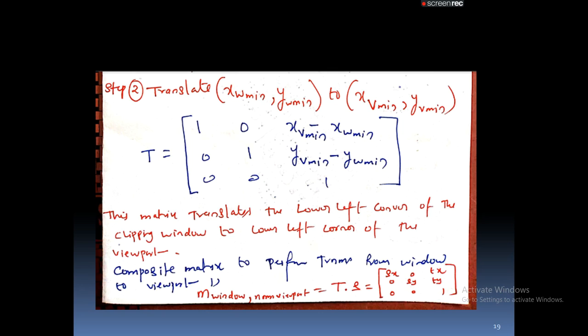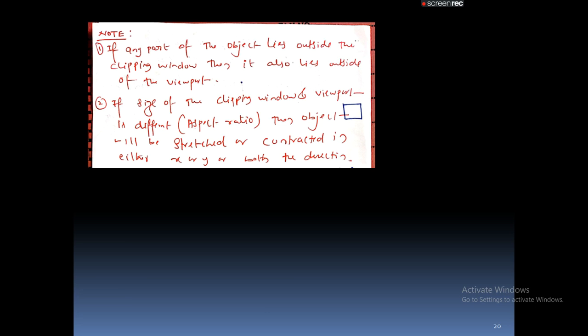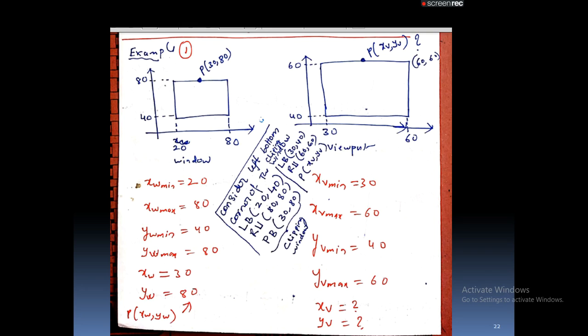Translation will translate the origin of the clipping window to the viewport window. So when you perform translation, the relative position of the object in the clipping window and in the viewport will become the same. This is the derivation we have done today.